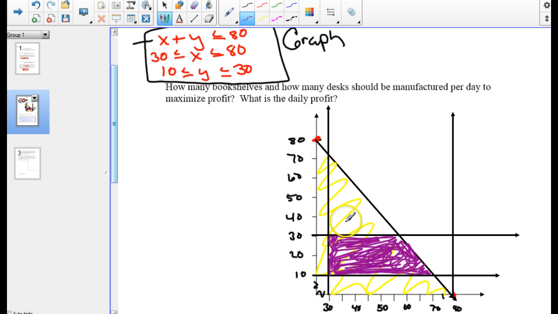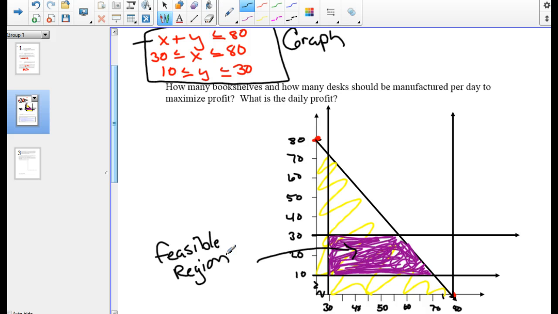That's between these two vertical lines. Between the two horizontal lines. And also I had to be lower than this. Okay? So this area right here is called the feasible region. Okay? So we found our feasible region.